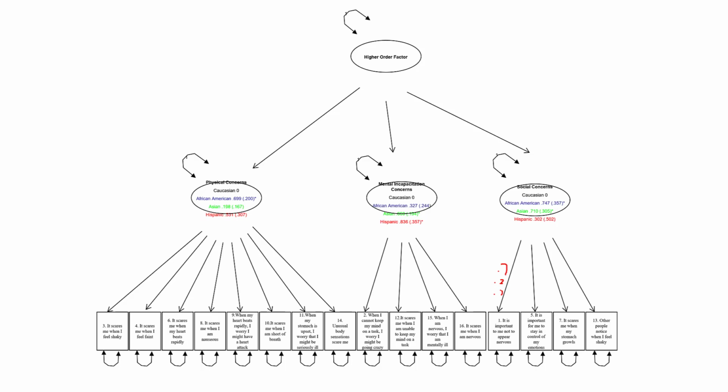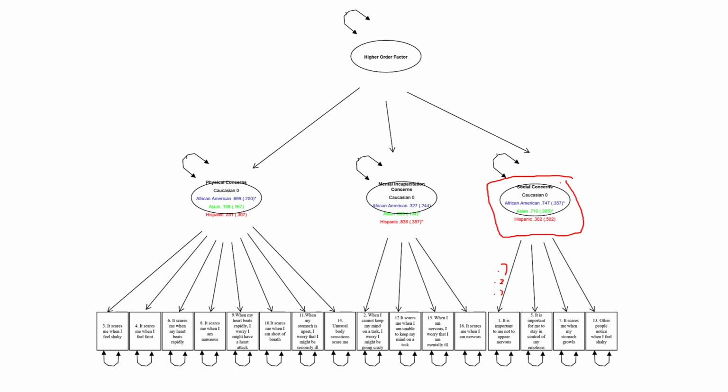So allowing these to vary, we're adding a lot more parameters to our model, so it becomes much more complicated. So that's something that's going against us, but does it fit the data better? So we want to check that by model fit. And then the final thing we allow to vary are the means of these factors. So do the means of these groups differ based on ethnic group?